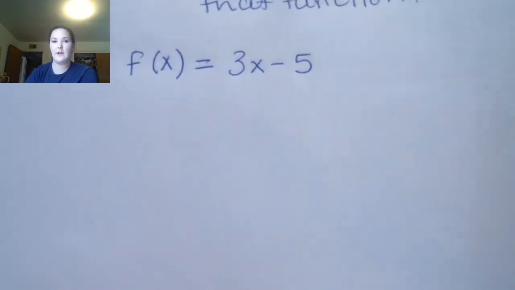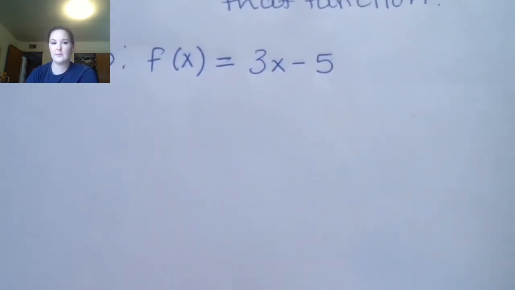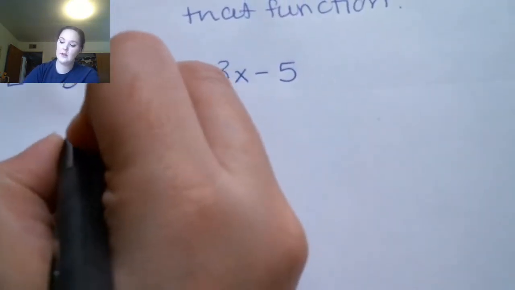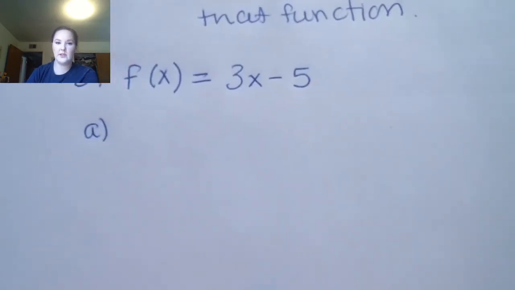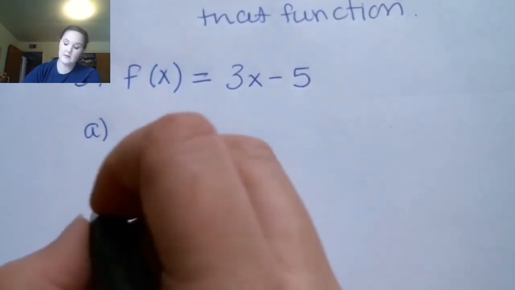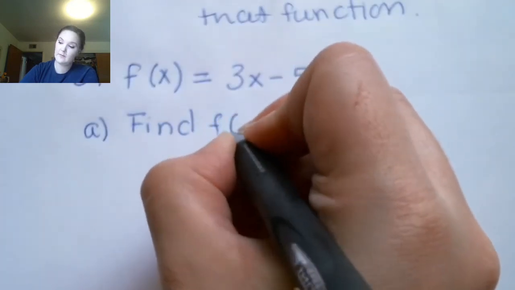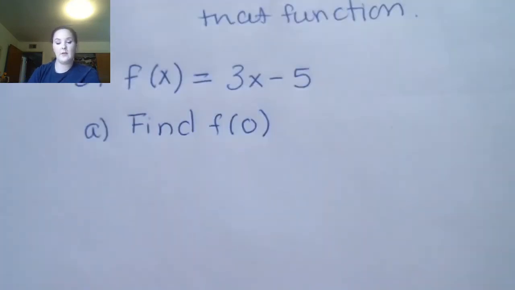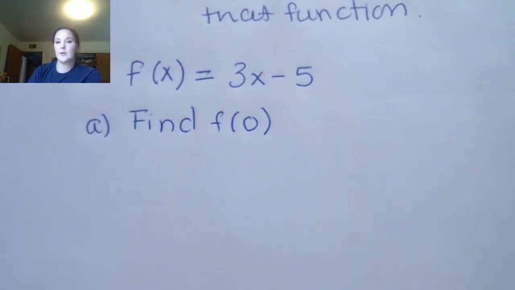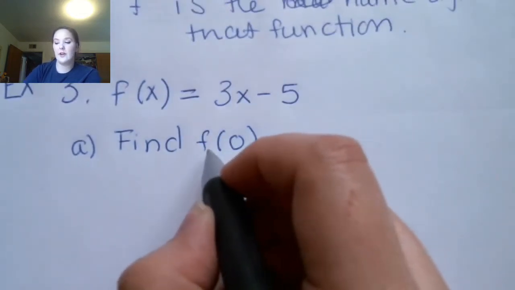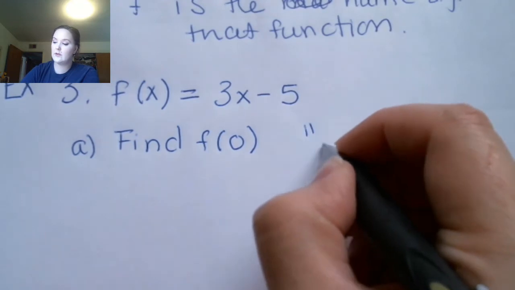Okay. So we have f of x is 3x minus 5. Okay. So we're going to do a couple of things with this function. So the first thing we're going to do is find f of 0.